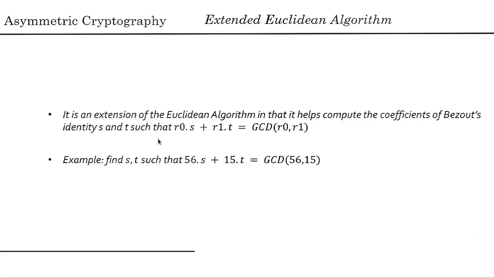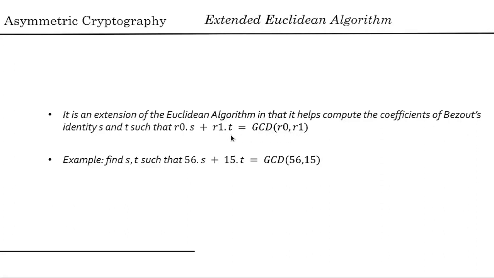So the coefficients of Bézout's identity, S and T, state that whenever we have two numbers R0 and R1, we always have two other numbers S and T, such that R0 times S plus R1 times T will always be equal to the greatest common divisor between R0 and R1.